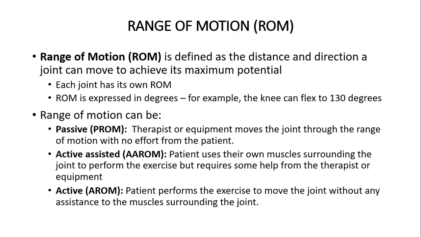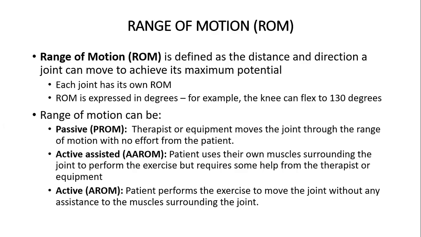So again, passive range of motion means the patient cannot move the joint. They need help. Active assisted means I can move it a little bit, but I can't move it through the full range of motion.